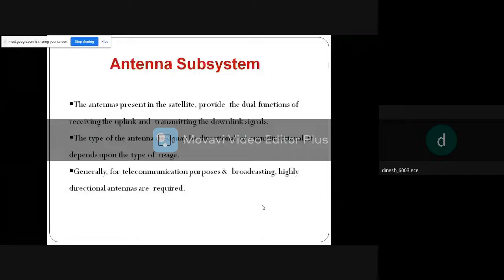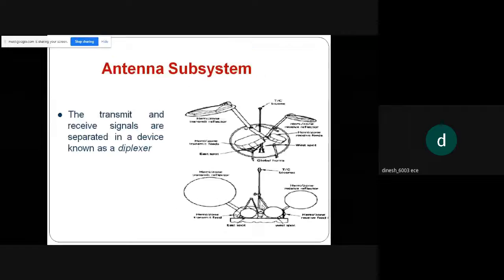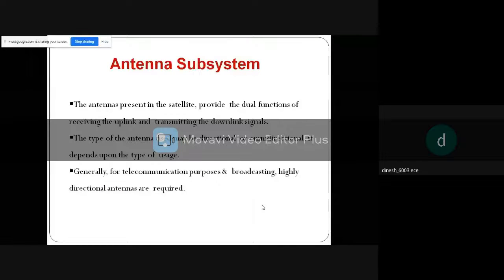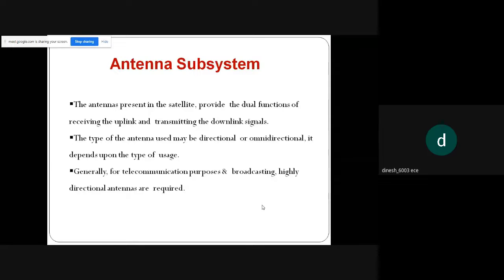So next comes the antenna subsystem. Most probably all are familiar with the antennas that are present in satellites. Antenna provides dual function: uplink receiving and downlink transmitting.